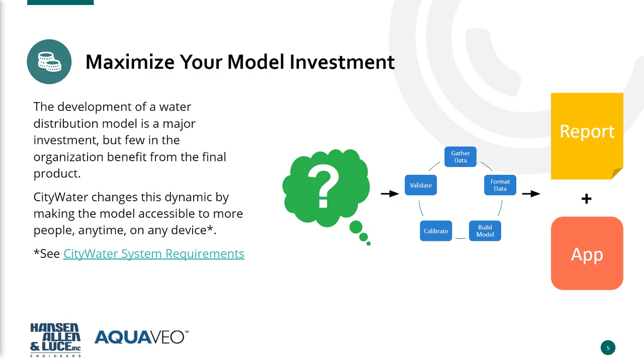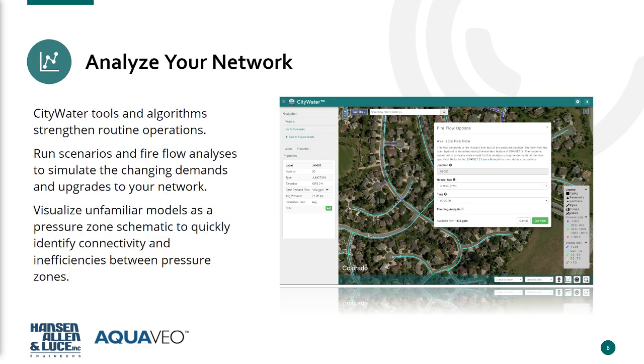CityWater brings a platform that brings the model to more people in an organization to make it a live tool, instead of a model that gets put on the shelf or only a few people get to use.